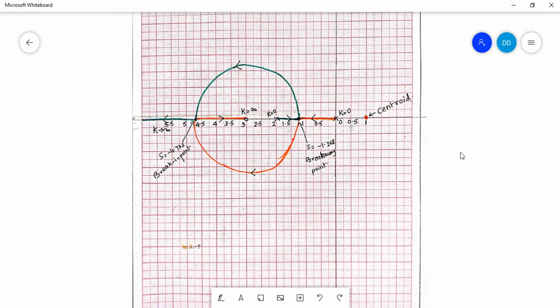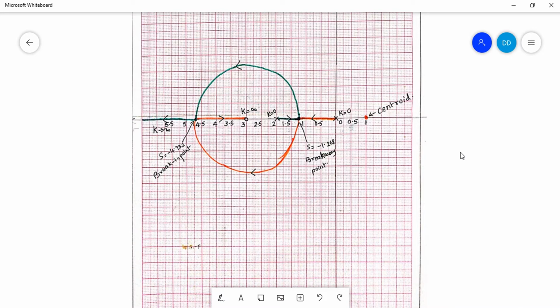Okay, the next branch starts at S equal to minus 2 and it breaks at minus 1.268, that is the green line. Then it re-enters at minus 4.732 and at an angle of 180 degree it moves towards infinity as K tends to infinity.